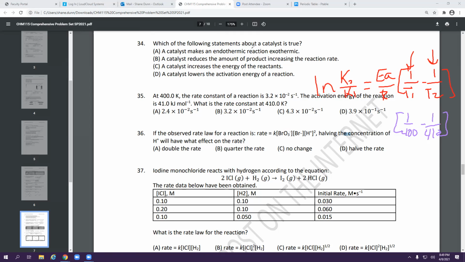How do you know which one's the first one? Whichever, because it has to increase in temperature. So 400 divided by 410.